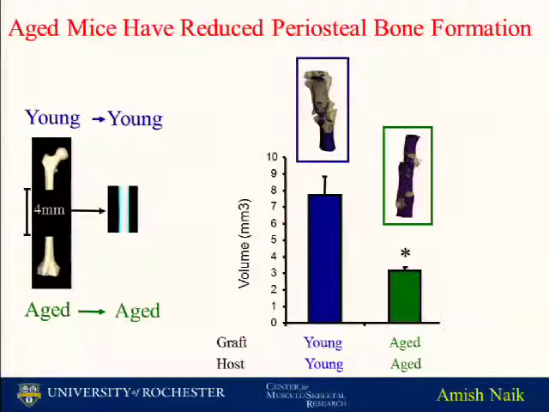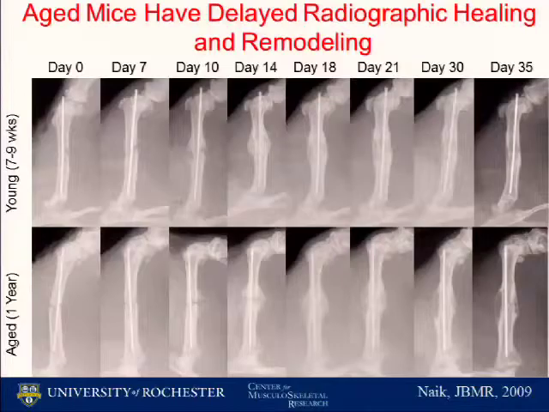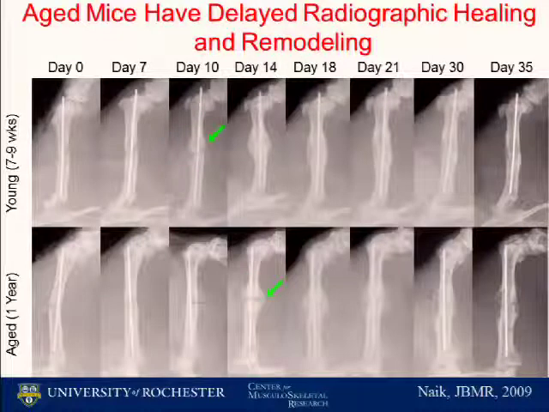If you look at aged mice, these are 1-year aged mice compared to young, approximately 8-week-old mice. They have a delayed appearance of callus, fracture healing or union across the site is delayed, and remodeling is markedly delayed in these mice.